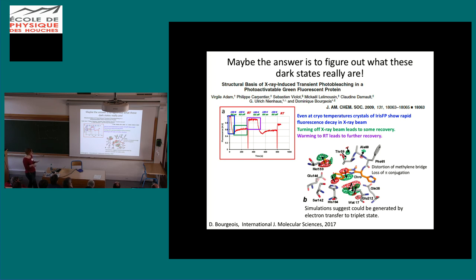And I think they coupled these studies with simulations to show that this could be generated by electron transfer to a triplet state. Now, this happened in an X-ray beam, and X-rays are known to induce electron redox changes in samples.